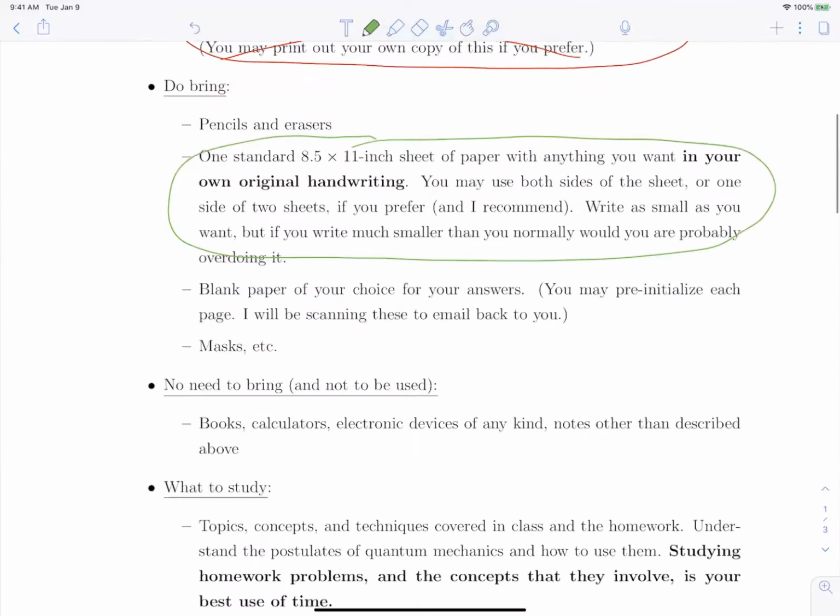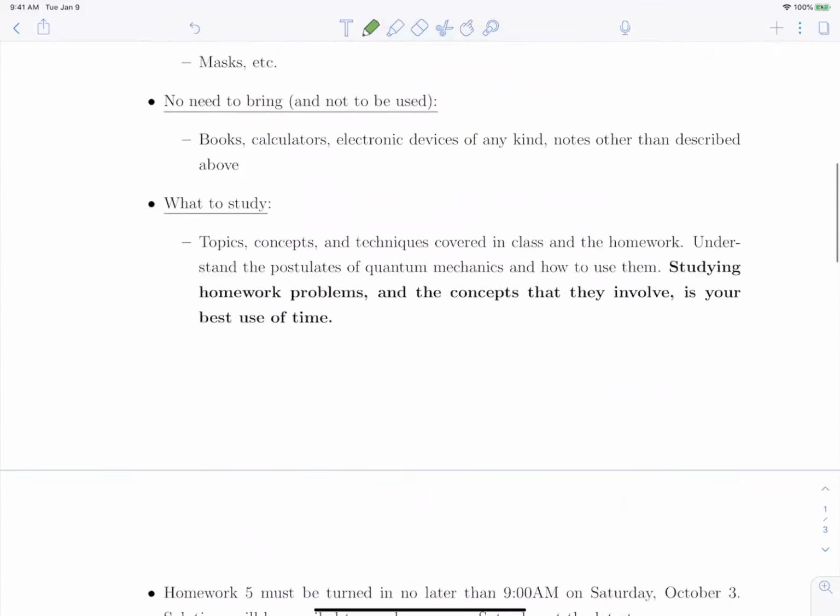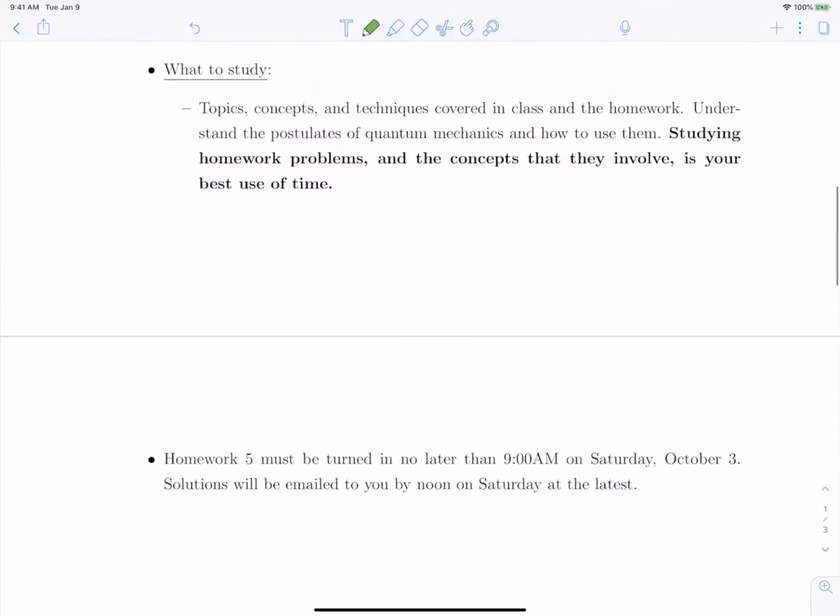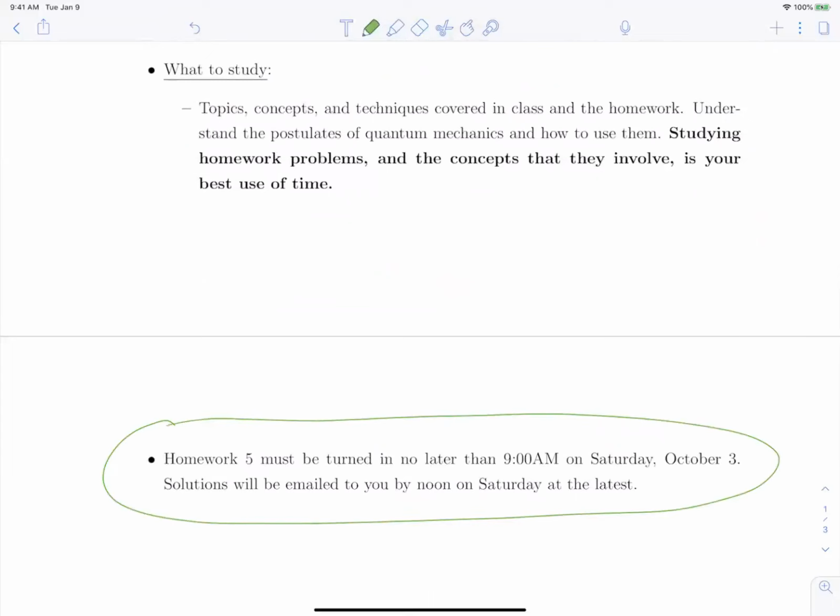Okay, and the homework 5 is due today. And so I will count it as on time if I wake up tomorrow and find out that you've emailed it to me. So as long as it gets to me by 9 a.m. on Saturday, then it will be on time. I don't really encourage everyone to pull an all-nighter, but I hope you get it done today.